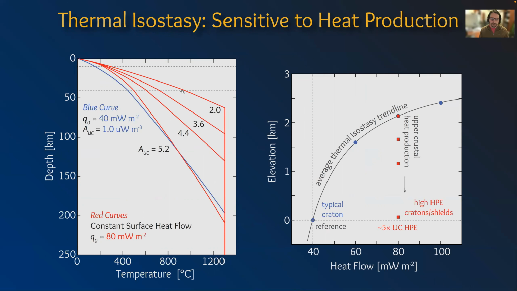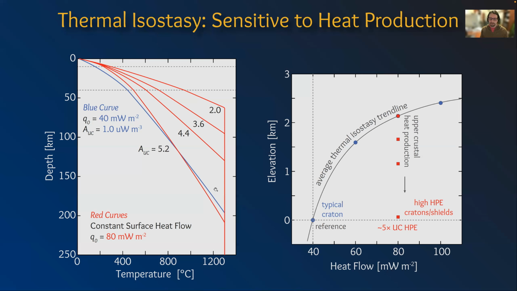For a set of geotherms that have 80 milliwatts per meter squared heat flow, all four of these curves here have the same heat flow, but each of them is different by the amount of radioactivity that they have in the upper crust. As I increase that upper crustal heat production, that increases the curvature of the geotherm, and as a result, temperatures fall in the geotherm with depth, and the lithospheric thickness will increase as well.